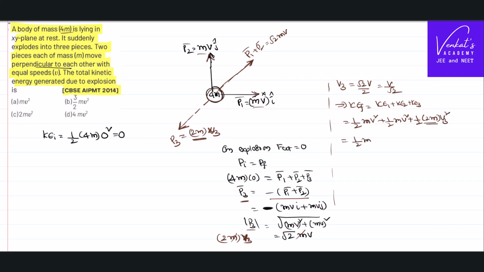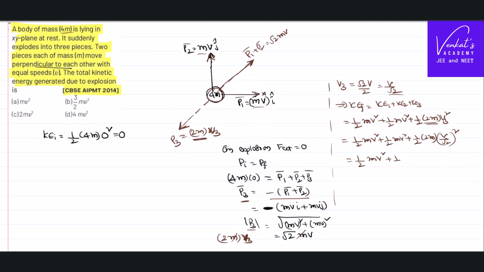So half mv squared plus half mv squared plus half into 2m into (v by root 2) whole squared. Half 2m v squared by root 2 whole squared is half times 2 over 2, and the 2s cancel. So this will be half mv squared three times, which is nothing but 3 by 2 mv squared.